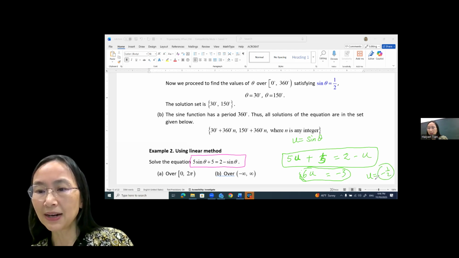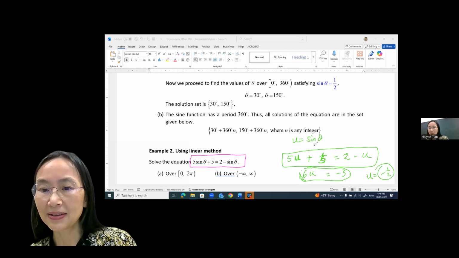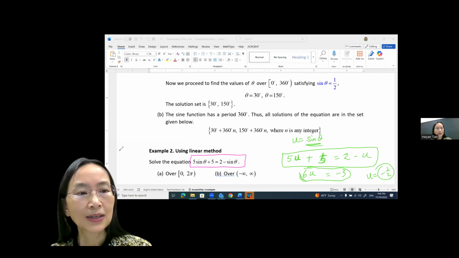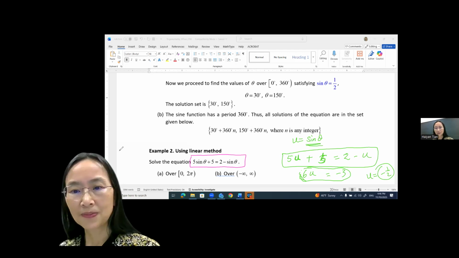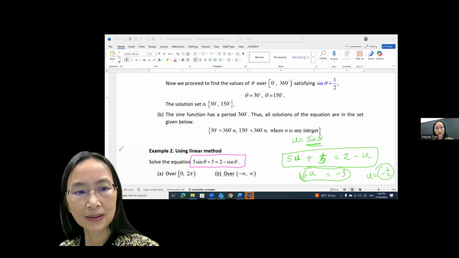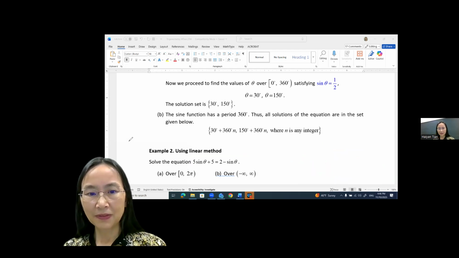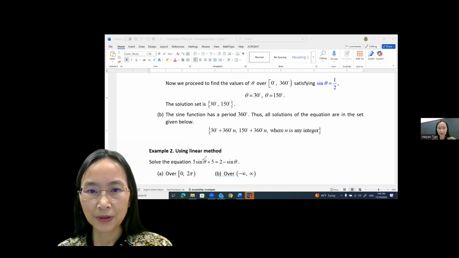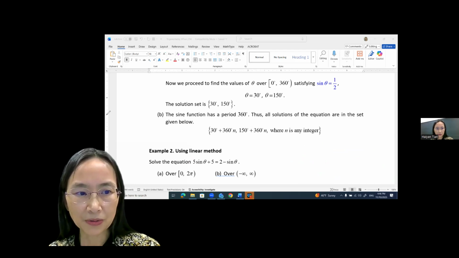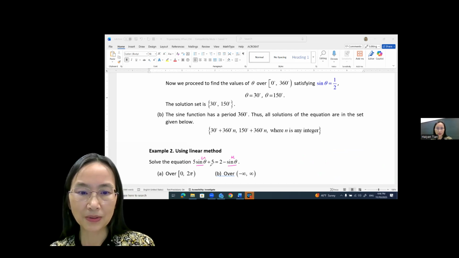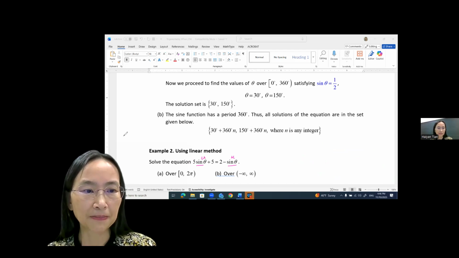So u is negative half means sine theta is negative half. It's just a change of variable. We make it look simpler as soon as we replace the sine theta with a u. So you see it's just an equation of u, and when we find u, we can find sine theta.